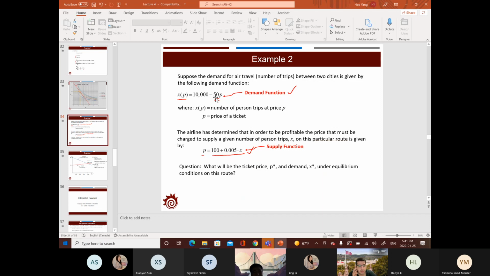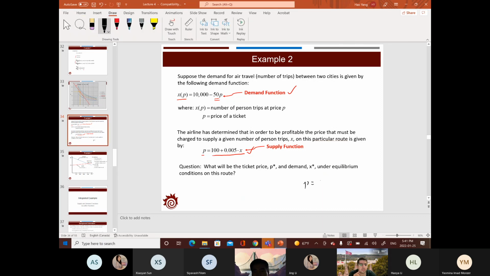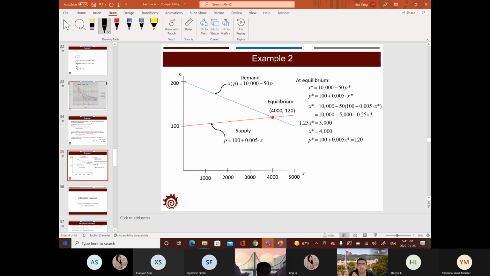So you put the first equation here: p equal to 100 plus 0.005x, and x is 10,000 minus 50p. And you solve it, you get the result. So it's the same, you will get the same result.